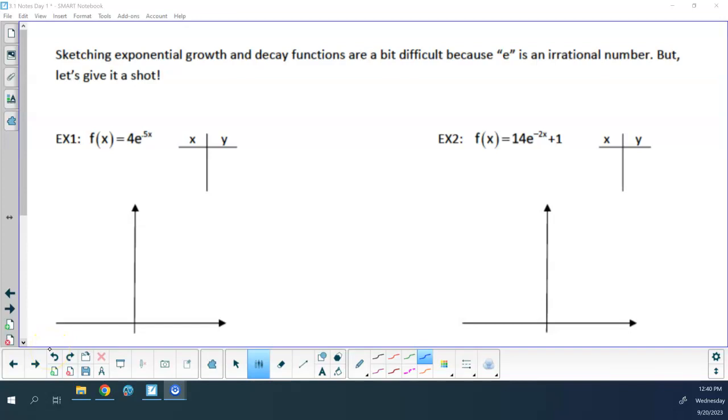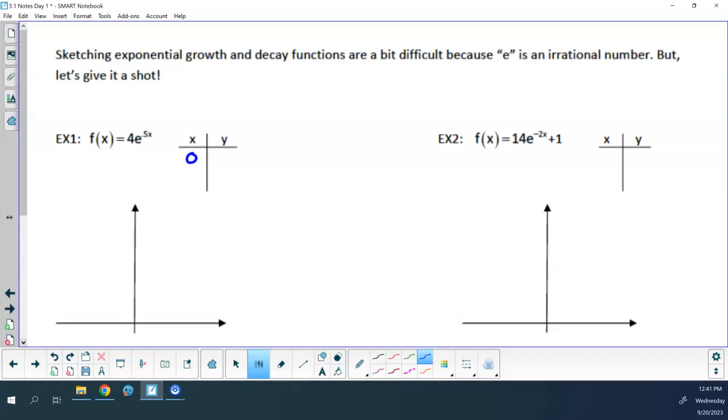Now, because you know if it's a growth or decay, with E functions you only need to find that one y-intercept. So you need to plug that one in. If I plug in a value of 0 here, 0.5 times 0 is 0.